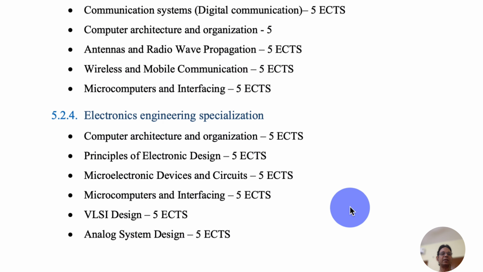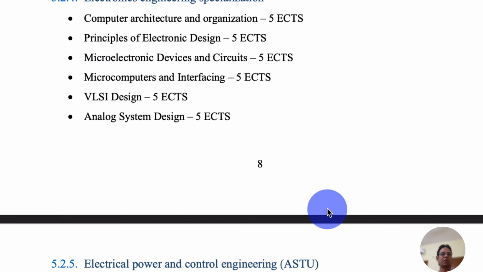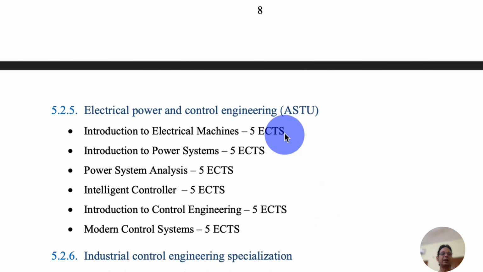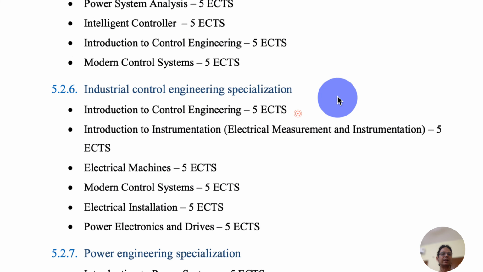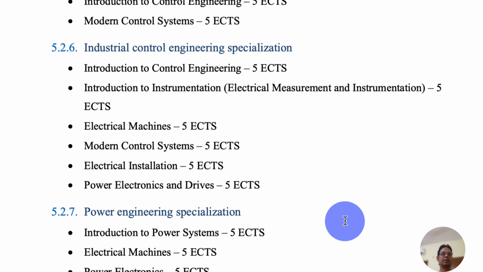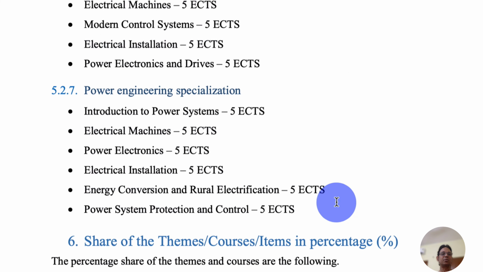Then if a student is specialized in electronics engineering, then they can have this type of courses. When a student has electrical power and control engineering, then these courses are applicable. When a student has industrial control engineering specialization, then these are the courses listed. If a student has power engineering specialization, then these are the courses.